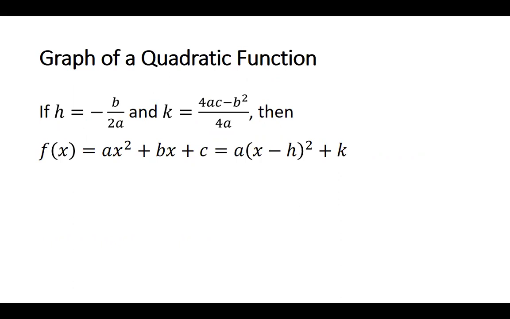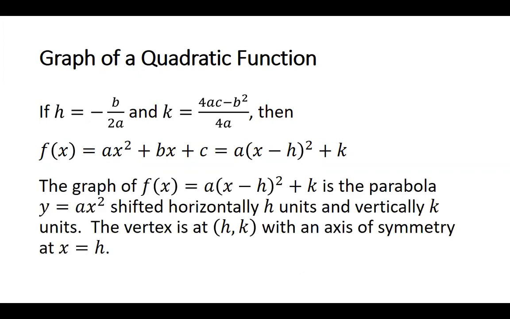Therefore, f of x is equal to a x squared plus bx plus c can also be written as a times x minus h squared plus k, which I hope you would recognize is really a parabola.